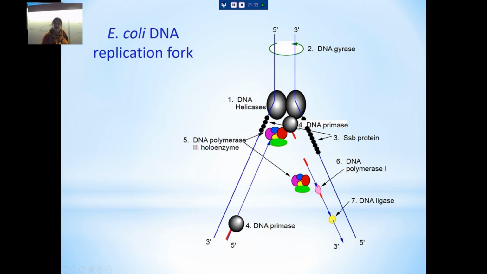And these single-stranded binding proteins then are removed in order for DNA primase to come in on the lagging strand, make a short transcript from which DNA polymerase 3 will perform a replication process in this direction. So if the enzyme is located here, how in the hell can it work in that direction too? And the secret to this is that replication does not happen in this type of plane.